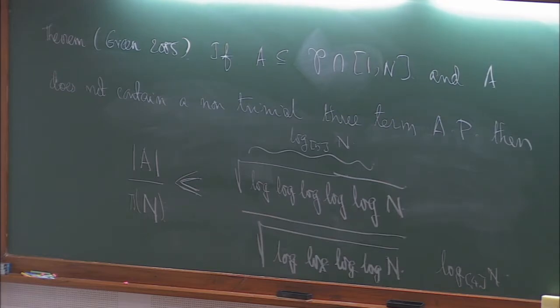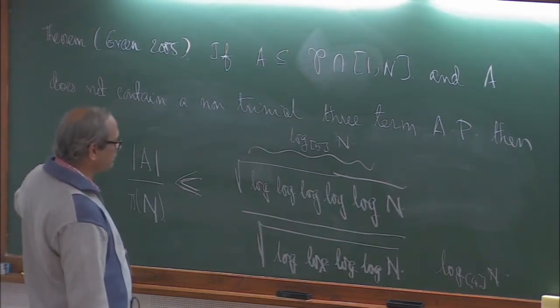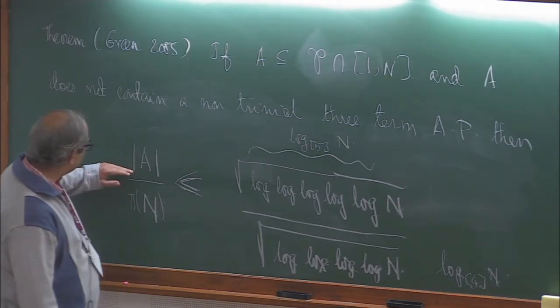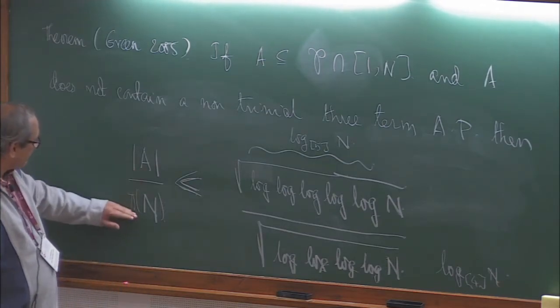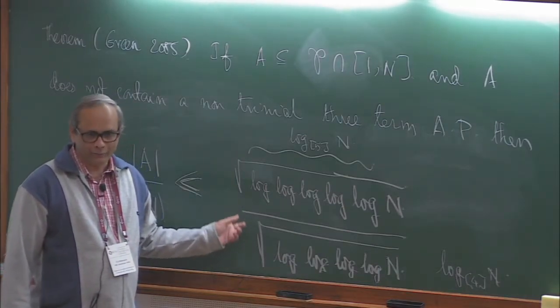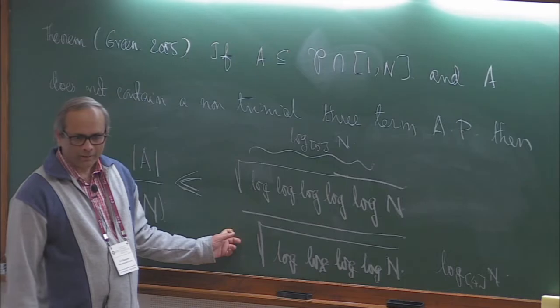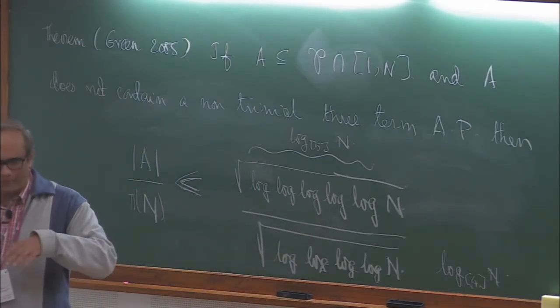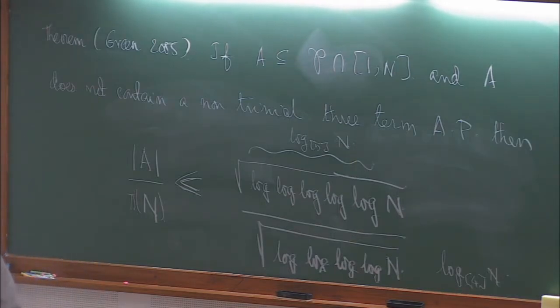Okay, so you see that if it does not contain a 3-term arithmetic progression, its size is practically equal to that of pi n. It's just by a tiny sliver it falls below that. Okay, this root of 5 logs by 4 logs is a small quantity, but of course enough to say that A must have 0 density as n increases.